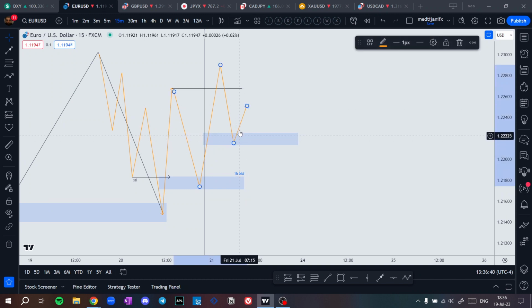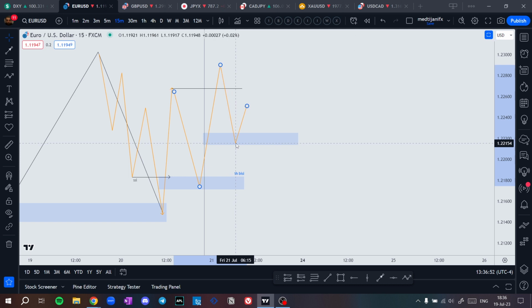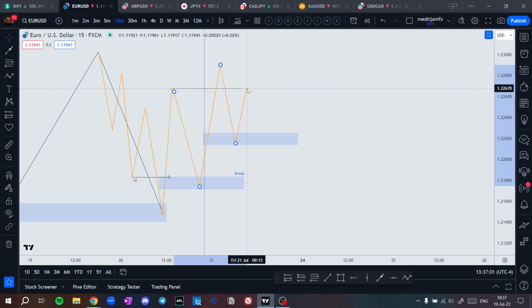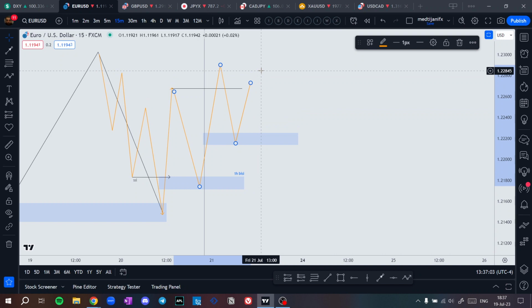If you are buying here without a confirmation, you are forcing the market to give you this as the low, and the market is not going to do that. The market doesn't comply for anyone. The market is going to do whatever it wants. Do you understand?